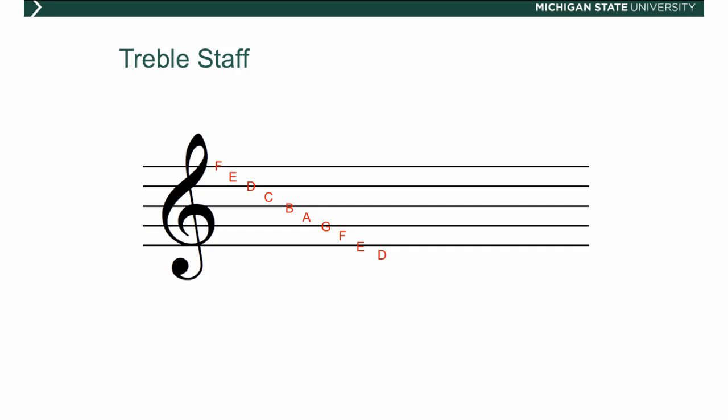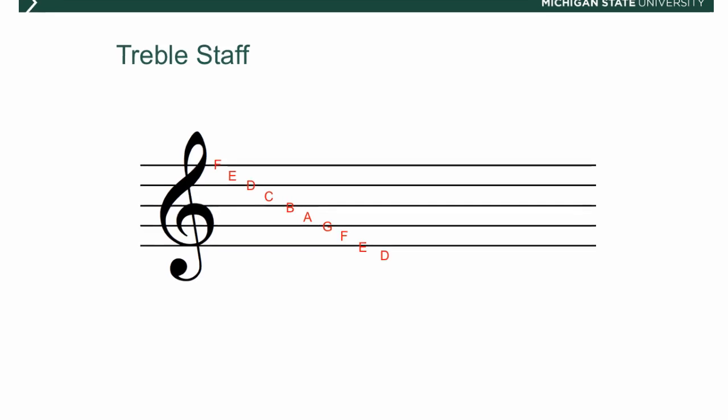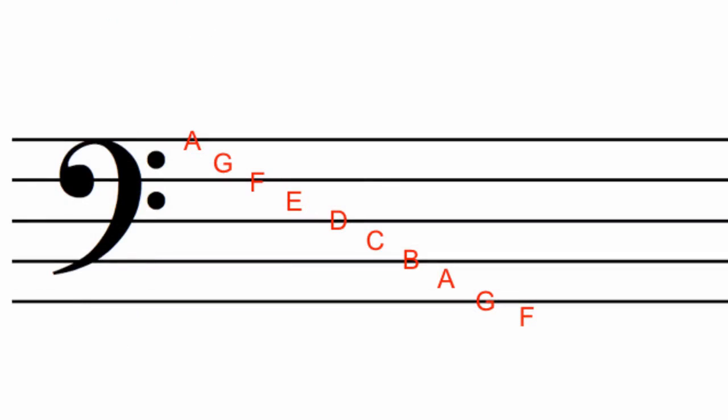This staff corresponds roughly to the range of women's voices in classical vocal music. They can go lower and higher, but most notes can be written on this staff. Lower voices in instruments use a staff that has a bass clef. The top line of the bass staff is A3, the A immediately below middle C on the piano. Notice that the two dots on the bass clef are on either side of the F line.